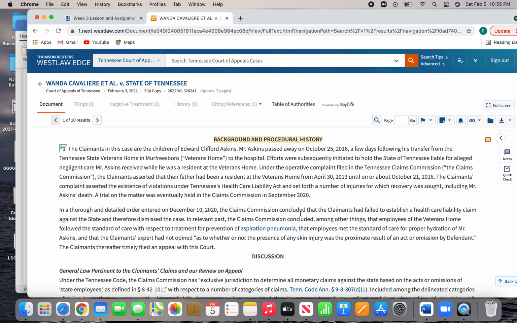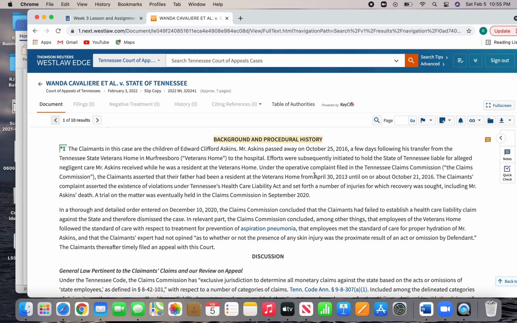He ended up getting pneumonia. He had sores and skin injuries. What they call a direct or proximate cause of his issues was caused by the defendant. Their claim is that the defendant failed to act in duty of care for their father, who actually died while he was there in the veterans home.